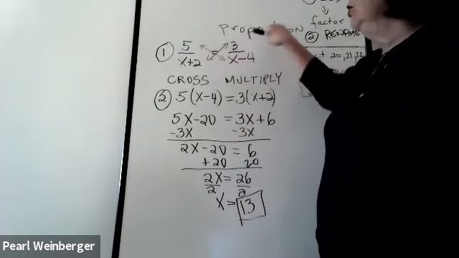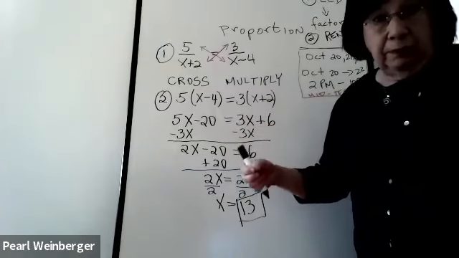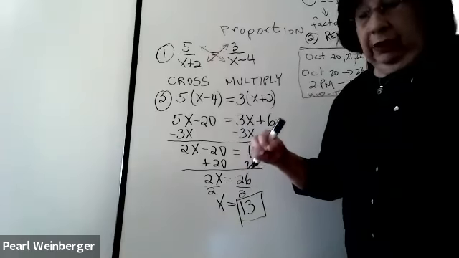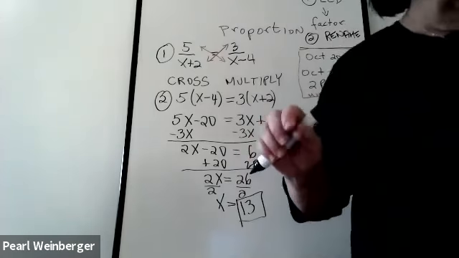Notice by doing the cross multiply, we're able to make this into a much simpler equation. Okay, that's the cross multiplying method.